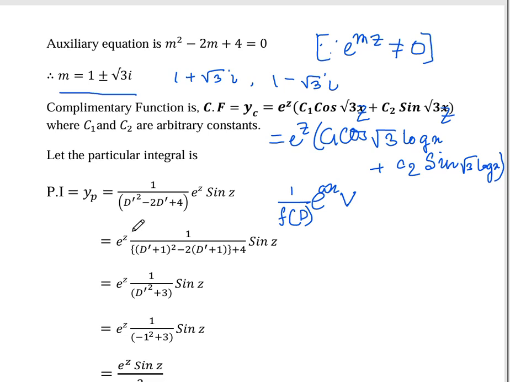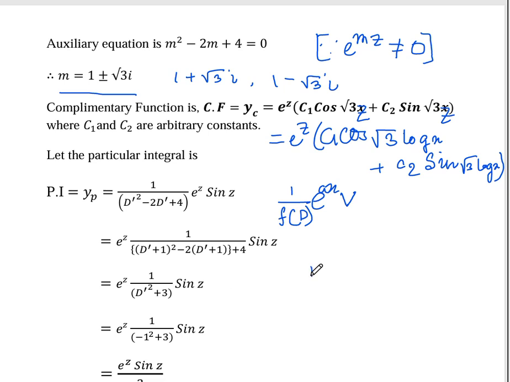What is the value of a here? It is 1. So D dash is replaced by D dash plus 1. So (D dash plus 1) whole squared minus 2 (D dash plus 1) plus 4 of sin z, same as before. After cancelling everything, we have D dash squared plus 3 of sin z.